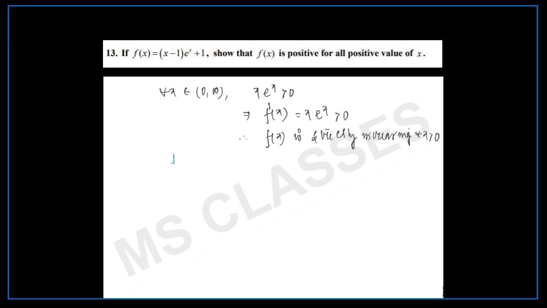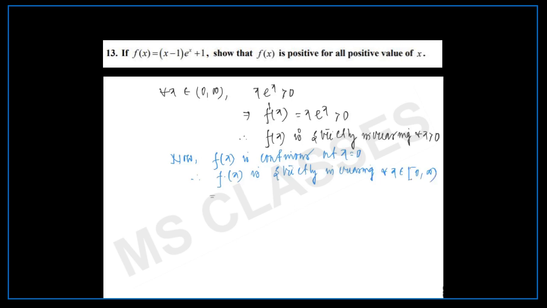Now, f(x) is continuous at x equal to 0. Therefore, we can say f(x) is strictly increasing for all x belonging to [0, infinity).